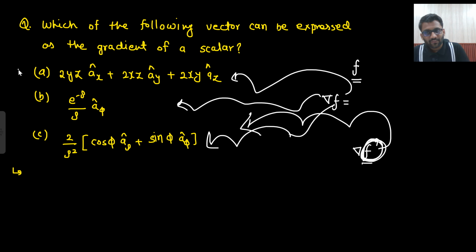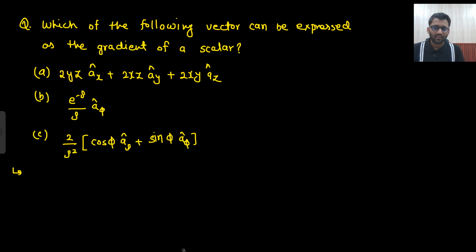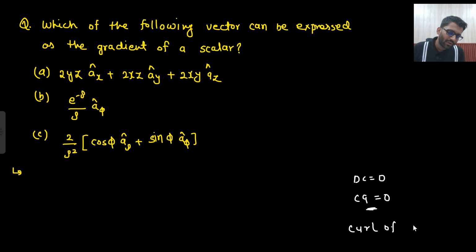So if these are valid vector fields, then what will happen? What do we know? We know two things: DC is 0 and CG is 0. Divergence of curl is 0, curl of gradient is 0. So this will be applied on gradient. Curl of gradient is equal to 0.